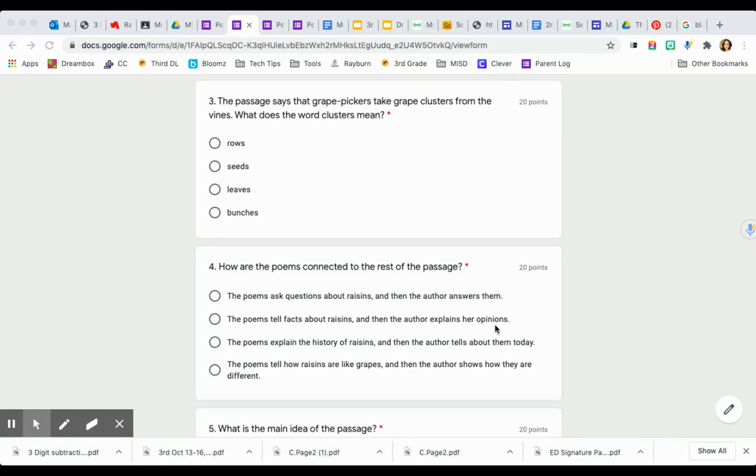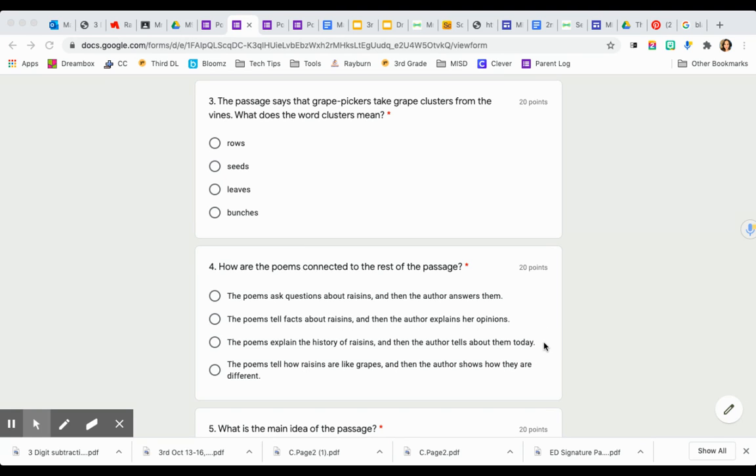Number 4. How are the poems connected to the rest of the passage? The poems ask questions about raisins, and then the author answers them. The poems tell facts about raisins, and then the author explains her opinions.